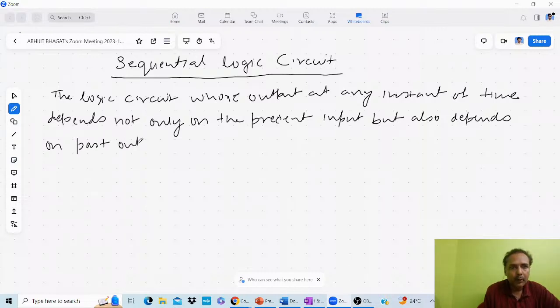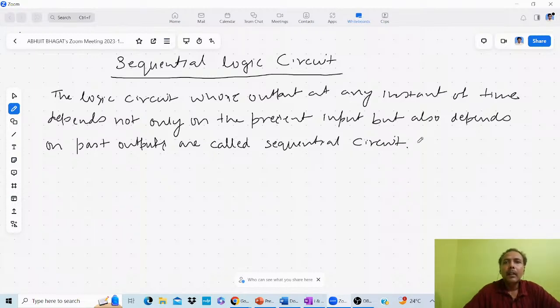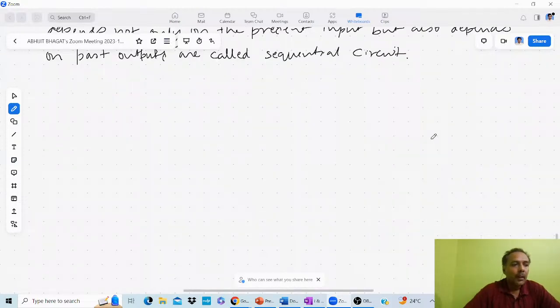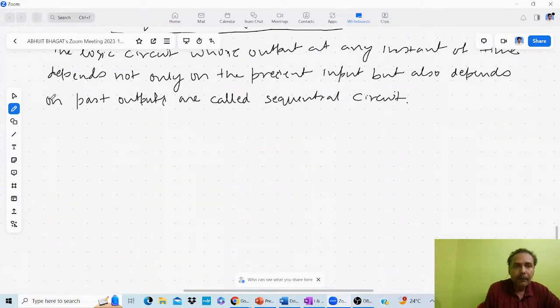Such circuits are called sequential circuits. So this is the definition. Here your output depends not only on the present input, but also on the past output.